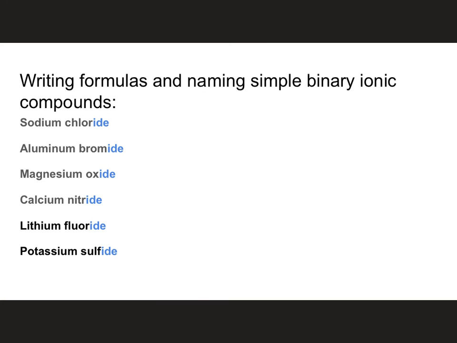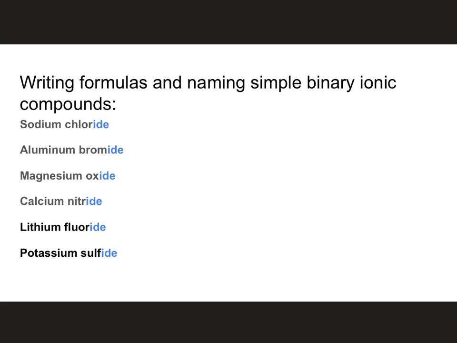Our final slide in this lesson is writing formulas and naming simple binary ionic compounds. Binary means that the compound is made of 2 elements. The compound is ionic, so these will be made from a metallic element and a non-metal element, a metal and a non-metal.